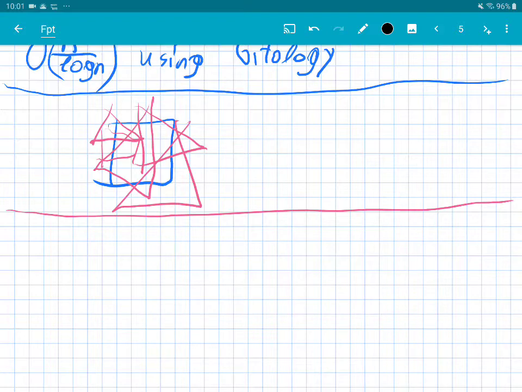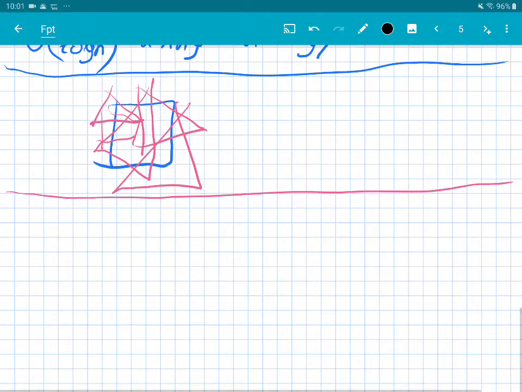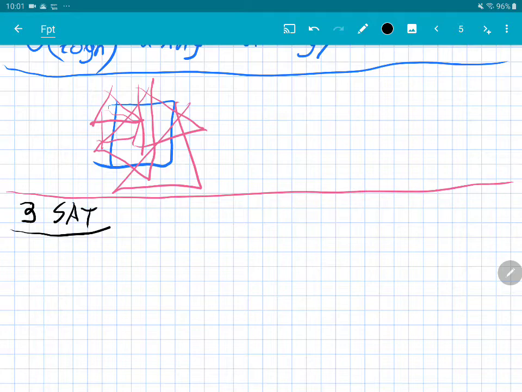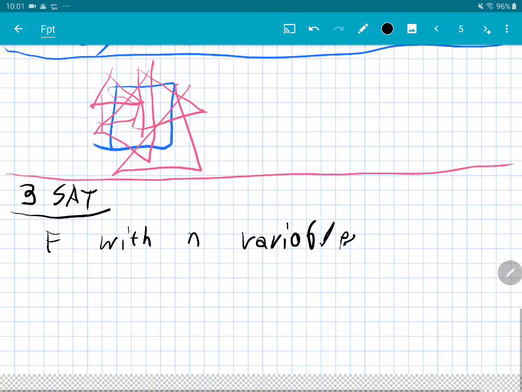Okay. More recently, people started looking at a conjecture related to SAT, or if you want, 3SAT. So think about a 3SAT formula with n variables and m clauses.